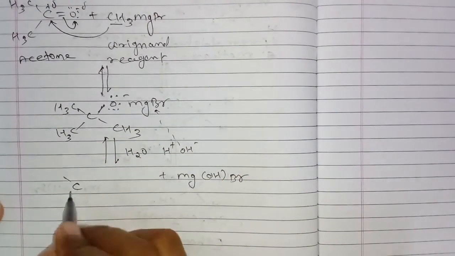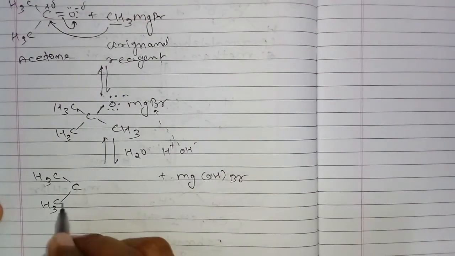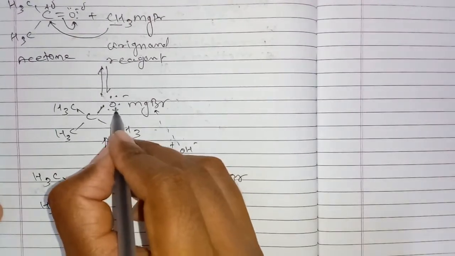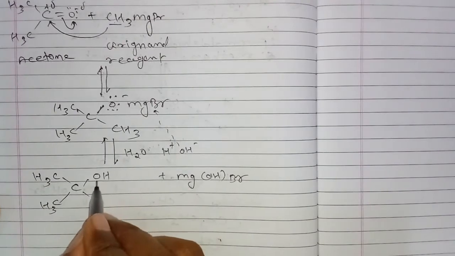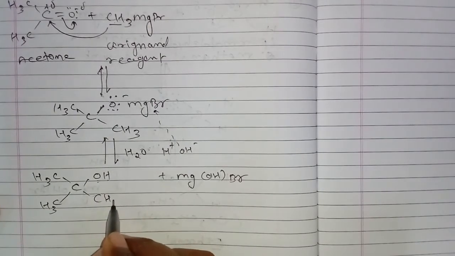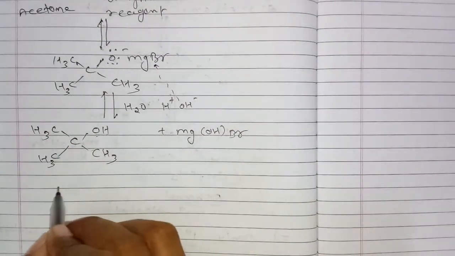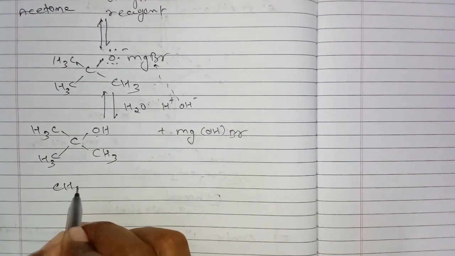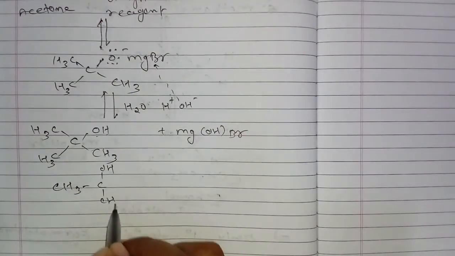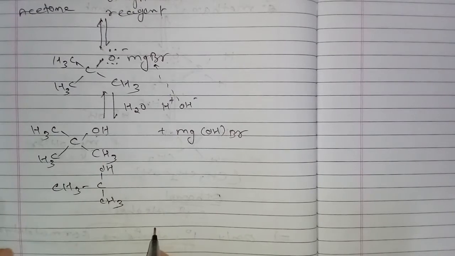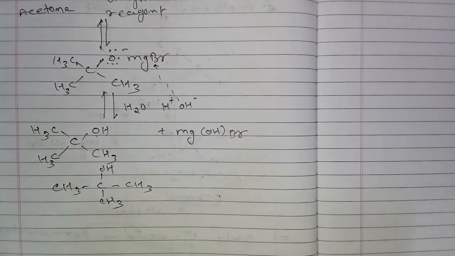Here CH3 remains as it is, and this hydrogen will attach with the oxygen. It is converted to OH, and here methyl. Its simplification is CH3 C OH CH3 CH3.